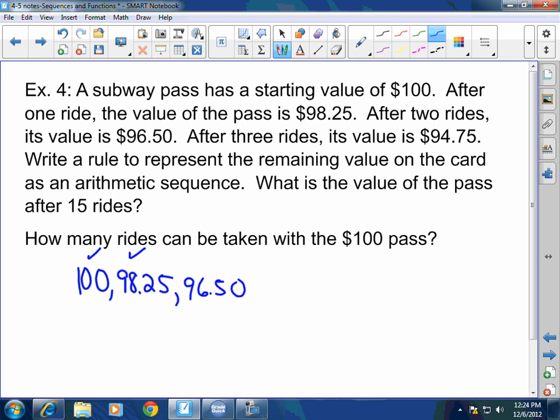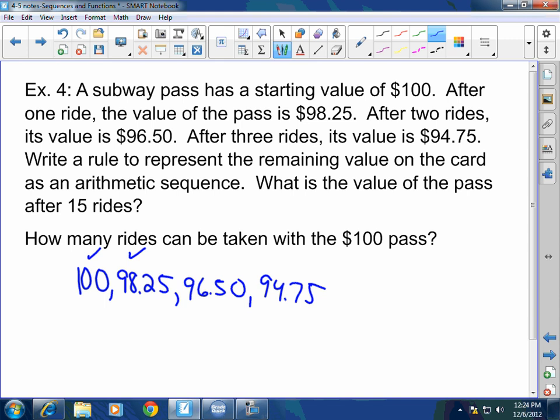After 3 rides, it's $94.75. Write a rule to represent the remaining value on the card as an arithmetic sequence. What is the value of the pass after 15 rides? How many rides can be taken with the $100 pass?